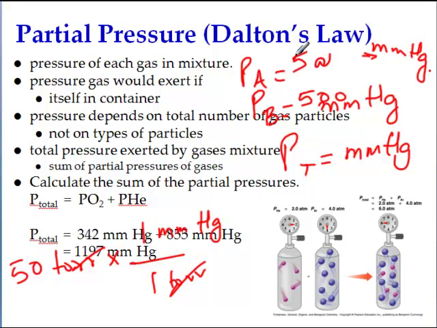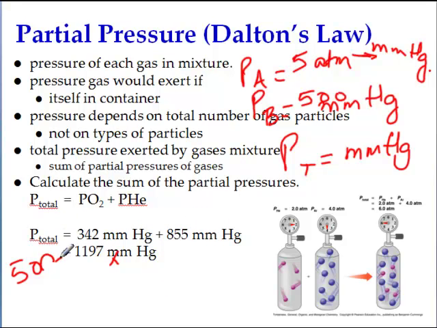Now, for example, let me erase this, and instead of 50 torr, let's just say this was 50 atmosphere. What would you do then? You would have to convert: 1 atmosphere equals 760 millimeters mercury.